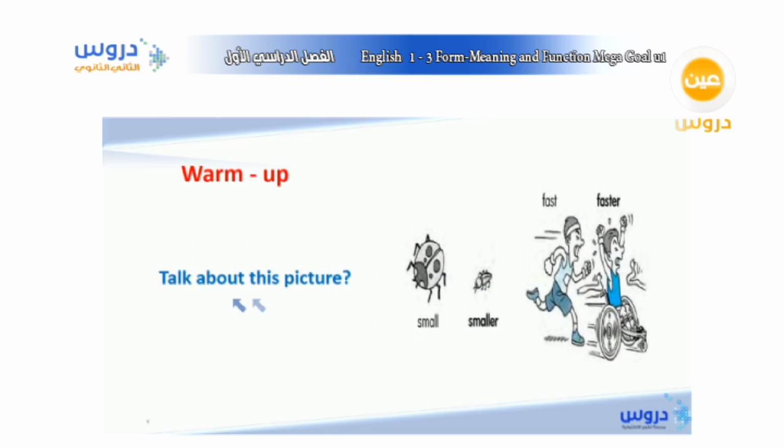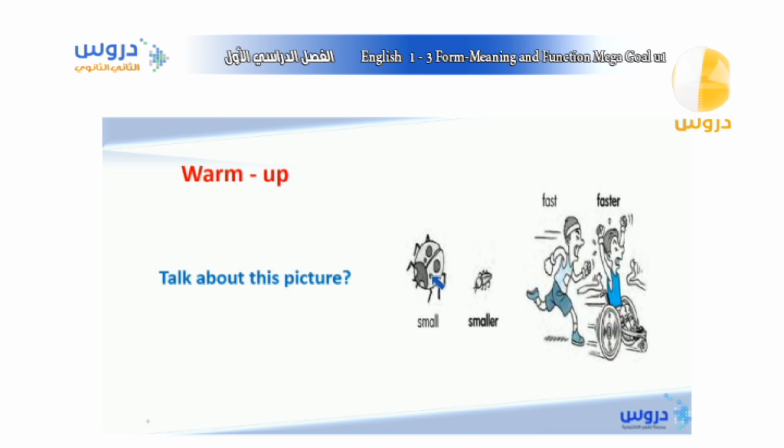Now, talk about these pictures. Tell me something about this. This insect, like a beetle. This is another insect. We have two insects. And we have two boys. Yes. Say something about them.